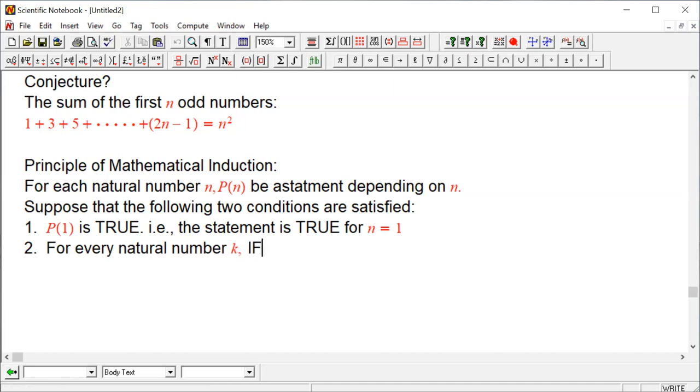So there's an if: we make an assumption, say P(k) is true. Then P(k+1) is true.